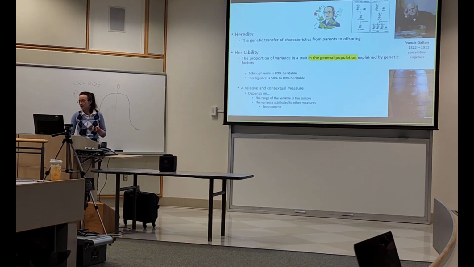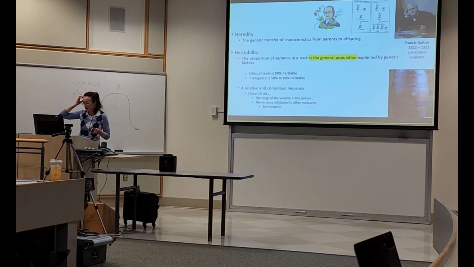Heritability is a population level outcome. It means that if you say something like schizophrenia is 50% heritable, that is not referring to a single individual, that's referring to a sample, or ideally to a population, okay?